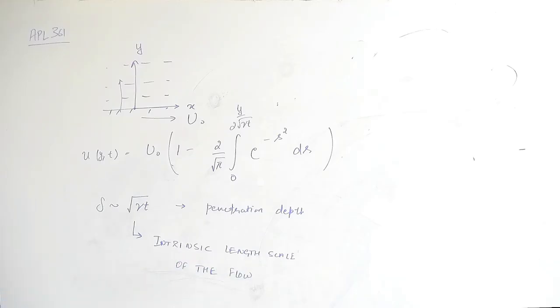So in these kinds of cases, a similarity solution usually will hold. This is a first hint: if your geometry does not impose any length scale, then a similarity solution might exist, because the flow doesn't see any externally imposed geometric scales. For instance, this question is in your practice sheets also.